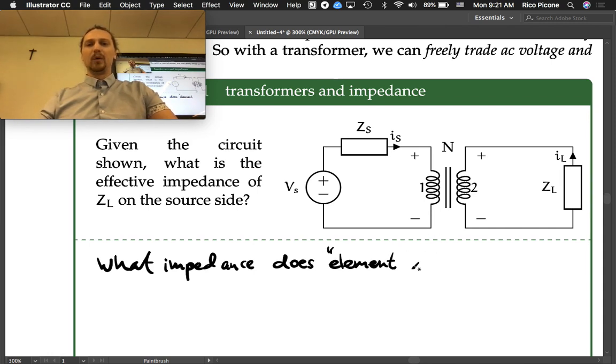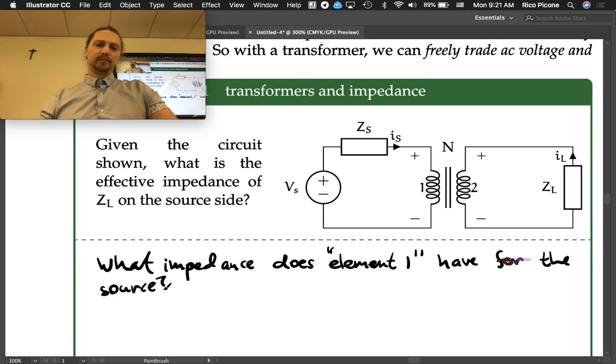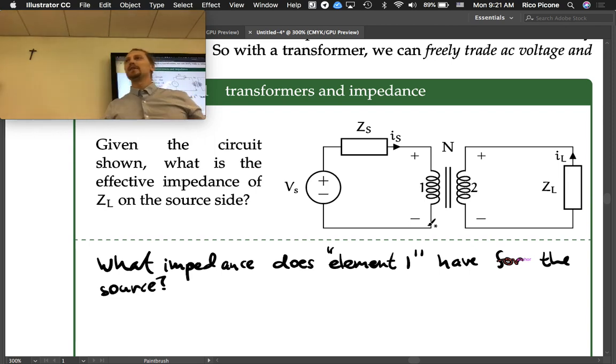But the one side of the transformer, element 1, the source is looking at the one side of the transformer, right?